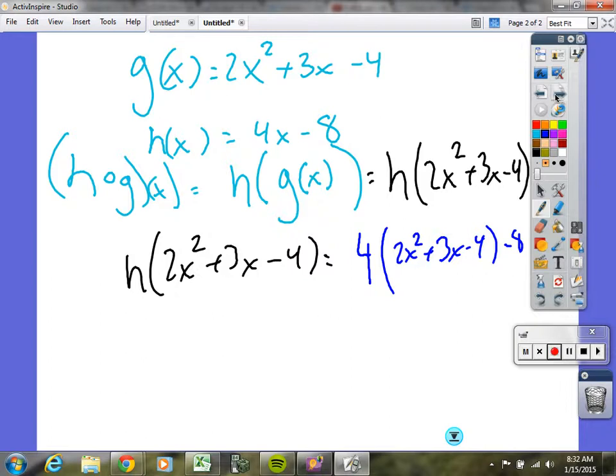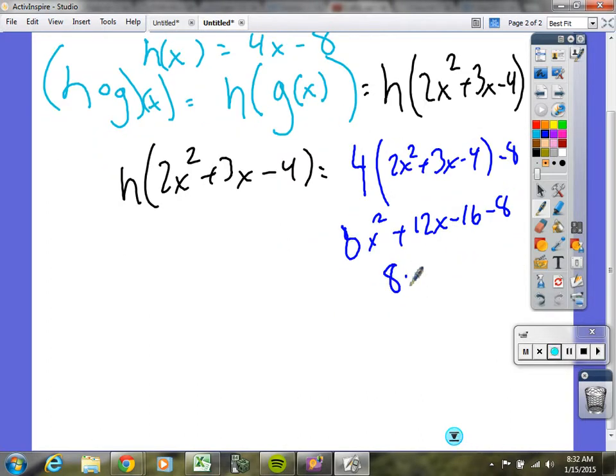So then I just distribute through and I get 8x squared plus 12x minus 16 minus 8, which is 8x squared plus 12x minus 24. That is h of g of x. That's half of your homework right there.